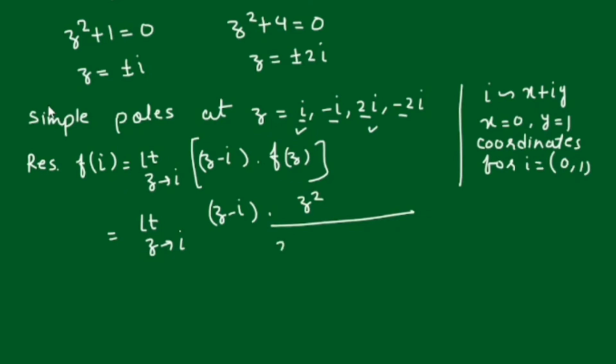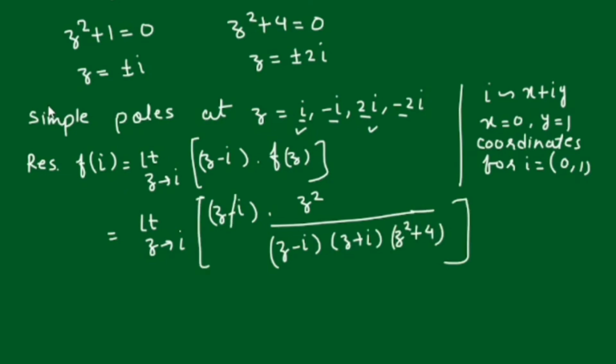I am writing z square plus 1 as z minus iota into z plus iota into z square plus 4. This z minus iota and z minus iota will cancel each other, and after applying the limit, that means putting z is equal to iota, we will get minus 1 divided by twice of iota here and 3 here, minus 1 plus 4. Okay, so we'll get minus 1 by 6 iota.